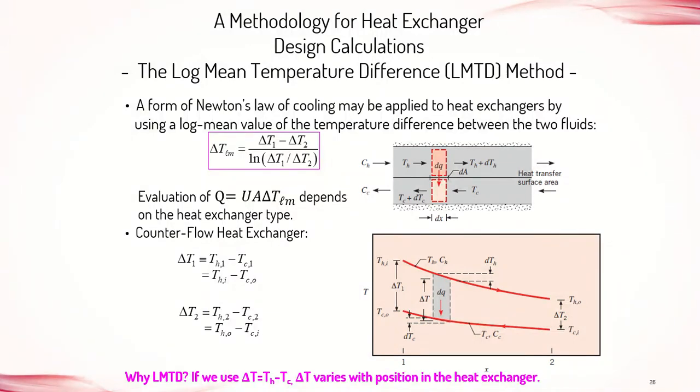The first one is the LMTD method, so I'm going to start with it. LMTD stands for log mean temperature difference, a form of Newton's law of cooling that may be applied to a heat exchanger by using a log mean value of the temperature difference between the two fluids. This would be the expression of the log mean temperature difference.